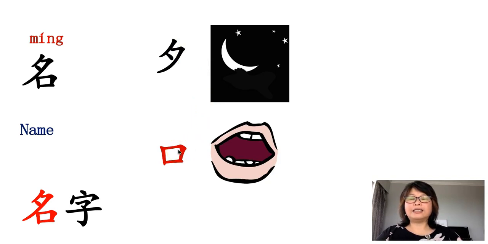So at night, I can't see the person, so I need to use my mouth to call out the person. So that means that person's name. The example here is 名字, and I'm going to explain 字 to you very soon.